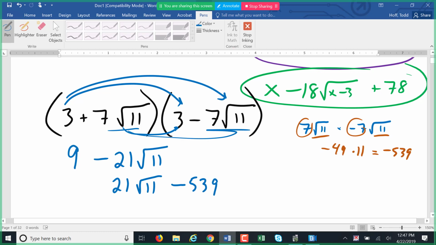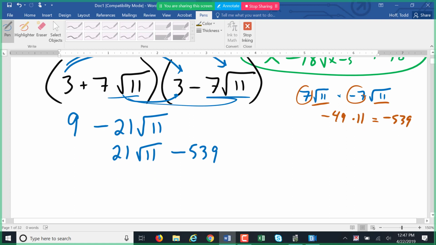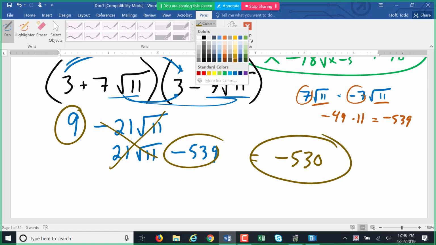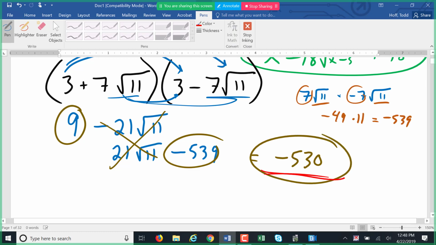So as we combine here, negative 21 times the square root of 11 and positive 21 times the square root of 11 cancel out. That's gone. 9 and negative 539 can combine to be just negative 530. So as ugly as this problem is, it combines to give us just a whole number.